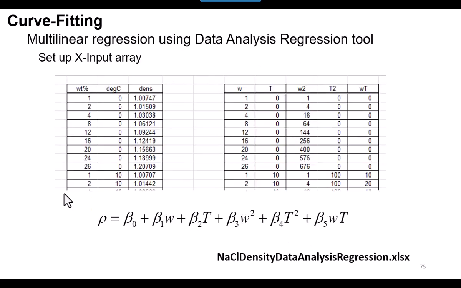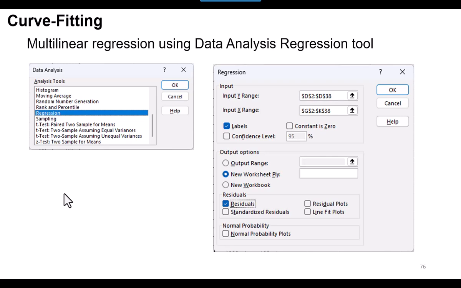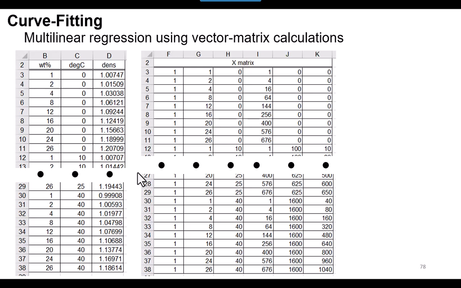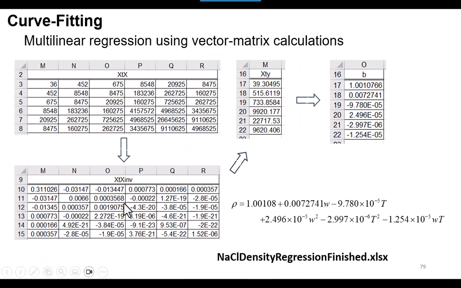And then we set up the X matrix without the column of ones and set up the analysis regression tool, received the results with the model, and then we did it alternately using the X matrix with the column of ones and the various X matrix calculations to come up with the model parameters, and saved that as our final result.